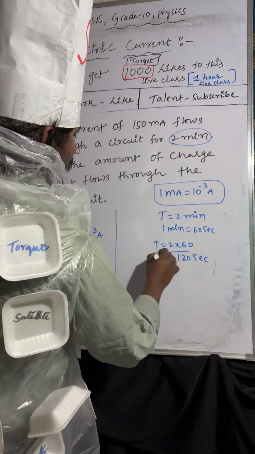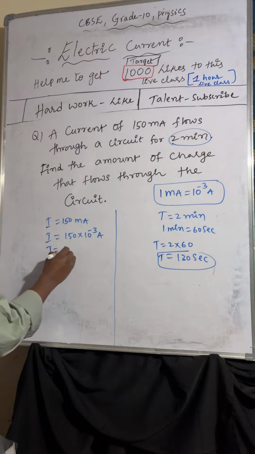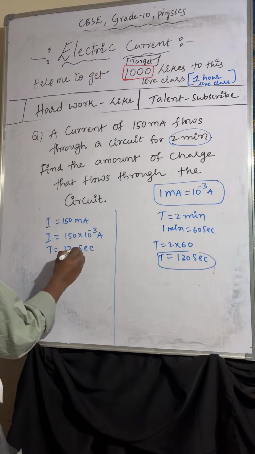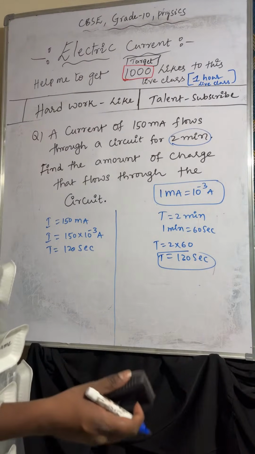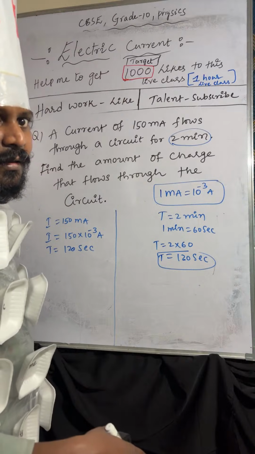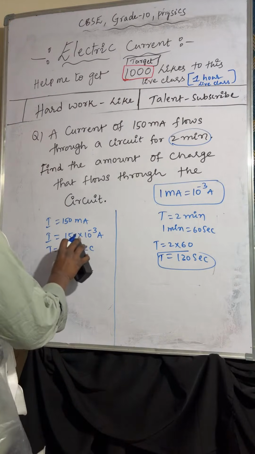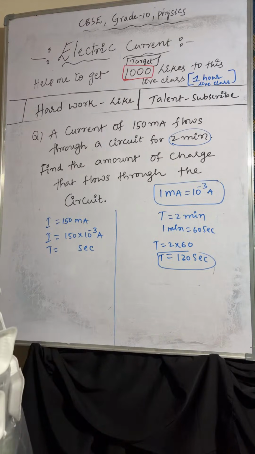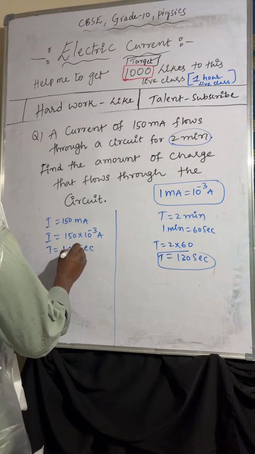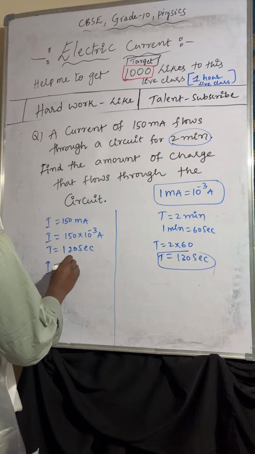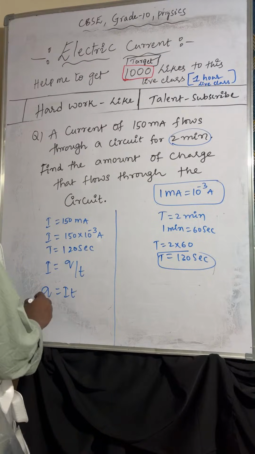Okay, so t equals 120 seconds. We know that I equals q by t, so q equals I into t.